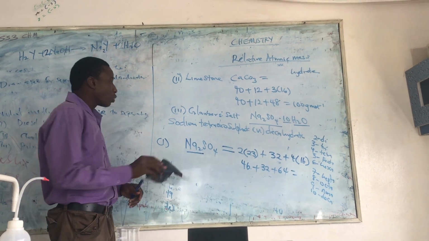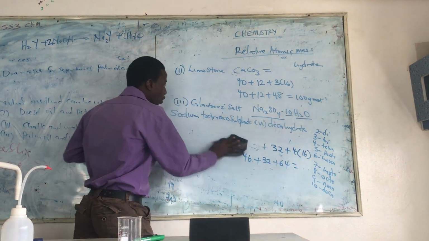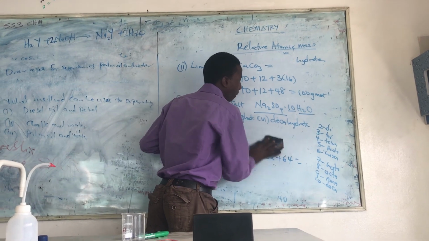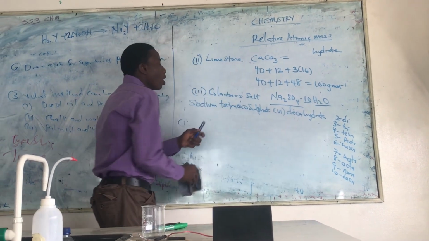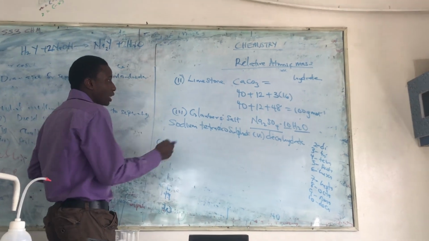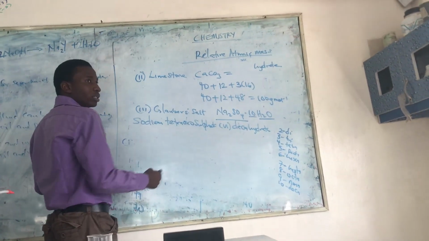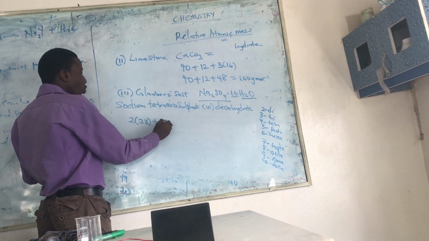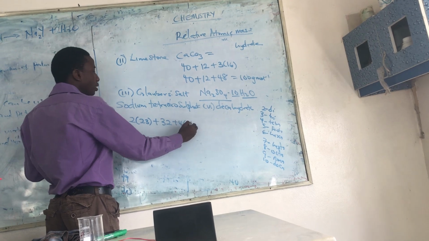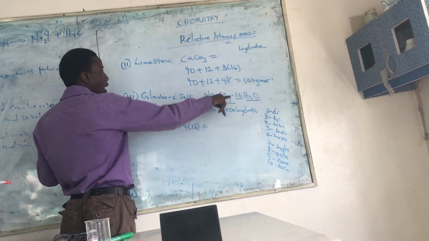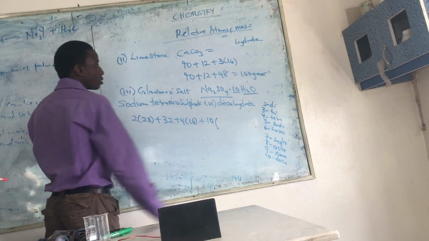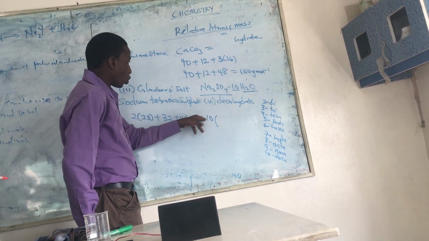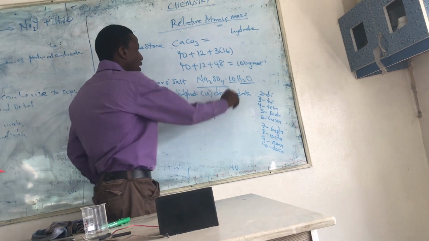Let's now calculate the relative molecular mass of that compound. It is 2 times 23, plus 32, plus 4 times 16, plus 10 times the bracket for water.